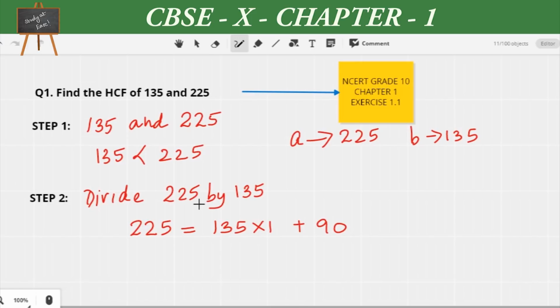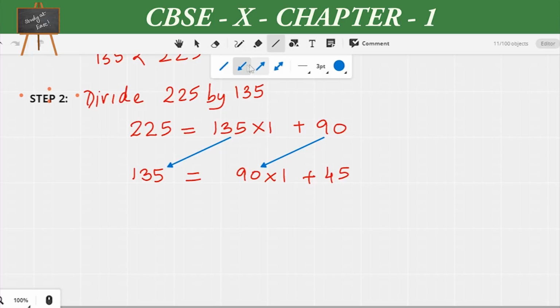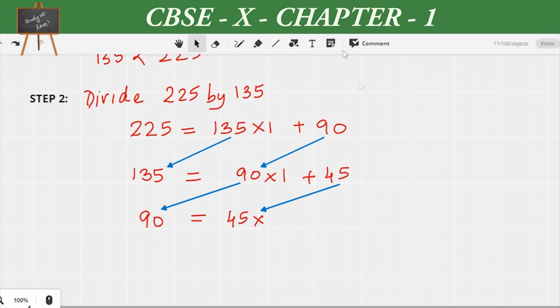So here it becomes 135 is equal to 90 multiplied by 1 plus 45. Here again, the remainder is not 0, so we need to apply the division lemma again. So here it is, 90 is equal to 45 multiplied by 2 plus 0.